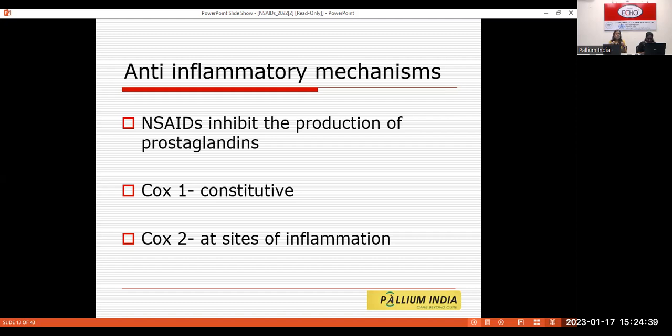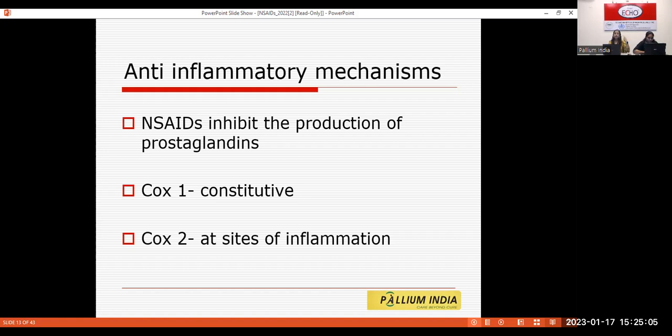COX-2 happens only at the sites of inflammation. Only when you have inflammation, COX-2 is like a defense mechanism, right? Only when you have an injury, the COX-2 is being released. So when you give your drug, the brufen, diclofenac, some of the drugs act on both COX-1 and COX-2. Some of the drugs act only at COX-2.